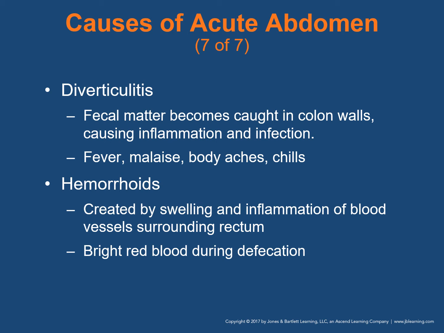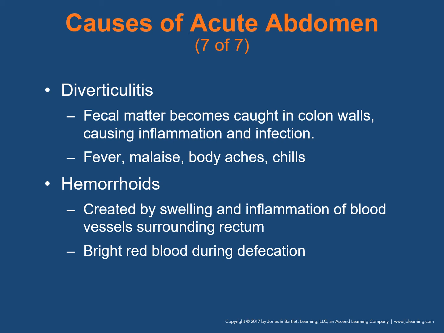Patients with diverticulitis will complain of fever, just a general overall malaise. So it's a general feeling of just not feeling great, body aches and chills. You know, it's not good to have fecal matter sitting in the walls of the colon.